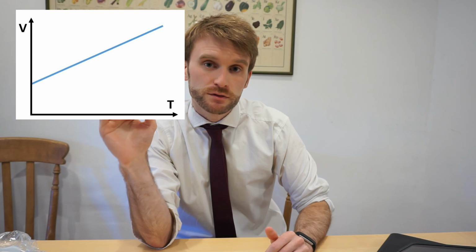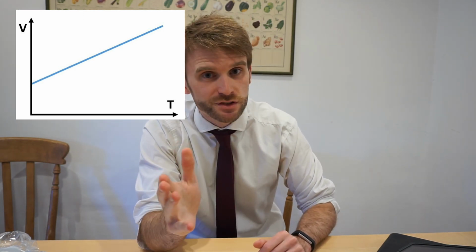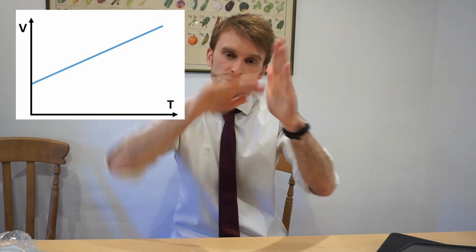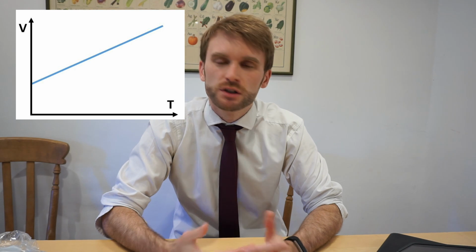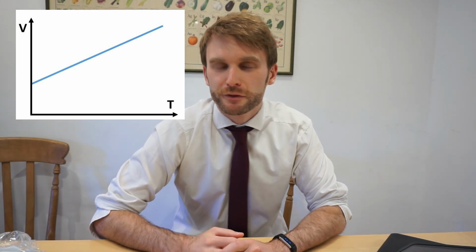At 0 degrees Celsius, a gas still has a volume. The graph of temperature on the x-axis, volume on the y-axis, it's a straight line, positive gradient, but it has a non-zero intercept. That is essential. Get it straight in your mind. Temperature, volume starts from non-zero. Otherwise, we'd all suffocate on a frosty day.